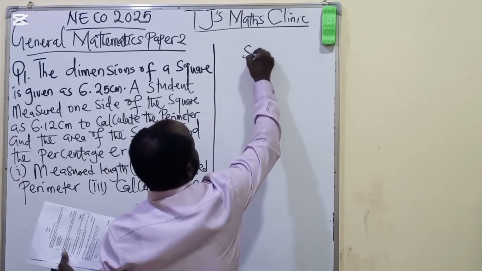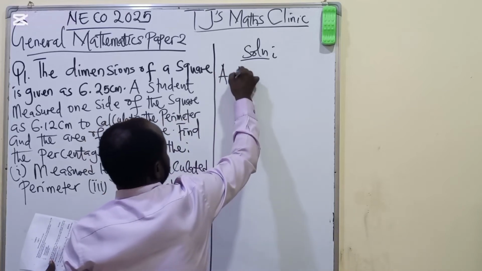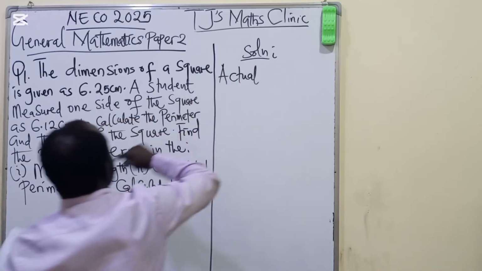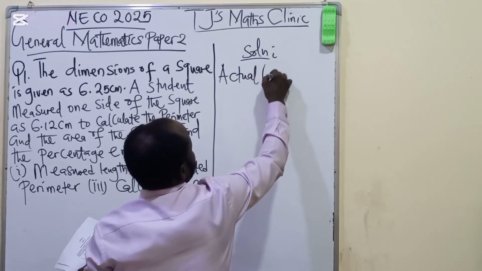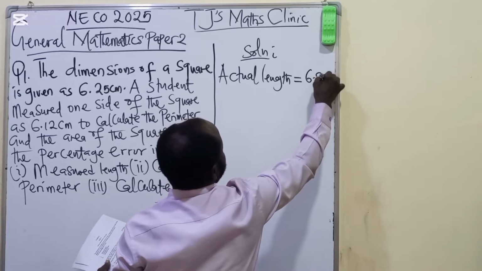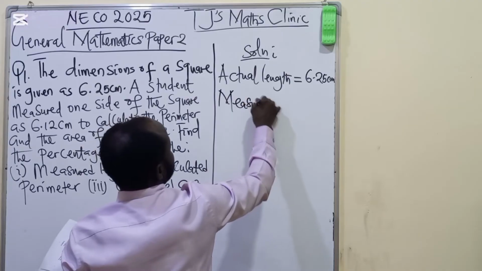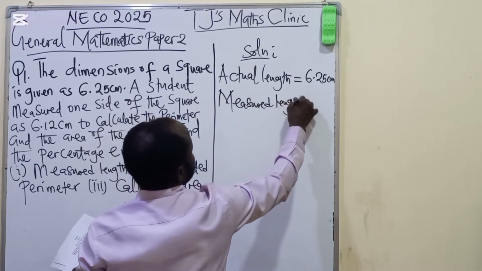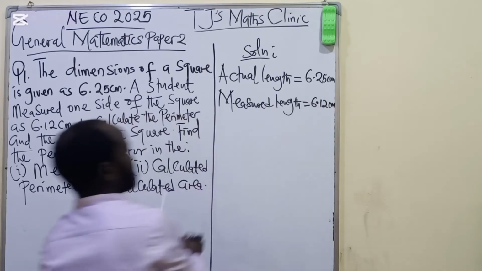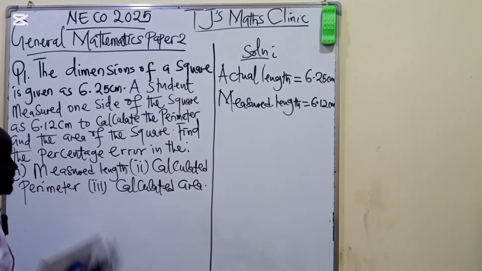Let's write down the solution to Roman numeral 1. The actual length of the square is given as 6.25 centimeter. Then the measured length is 6.12 centimeter. We are asked to find the percentage error in the measured length.